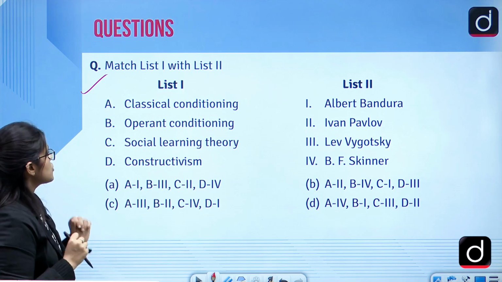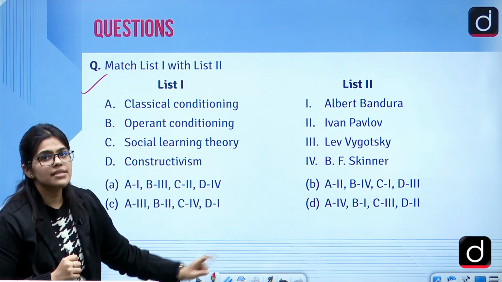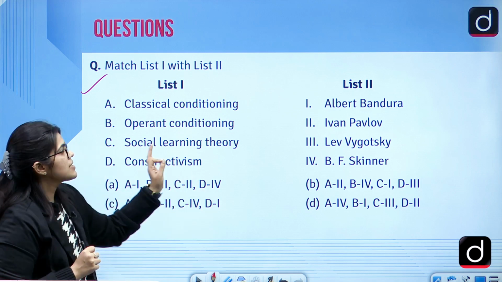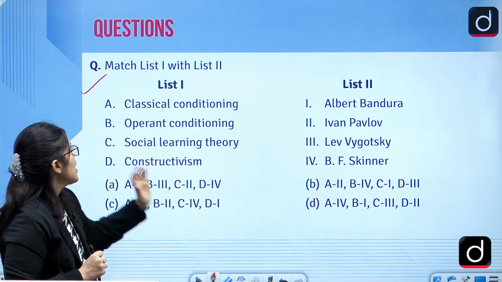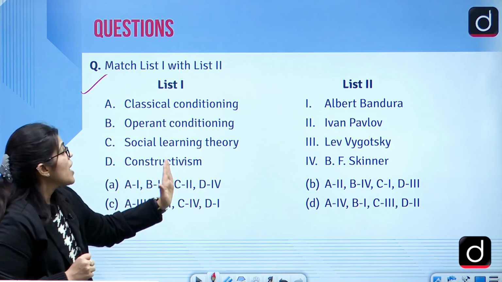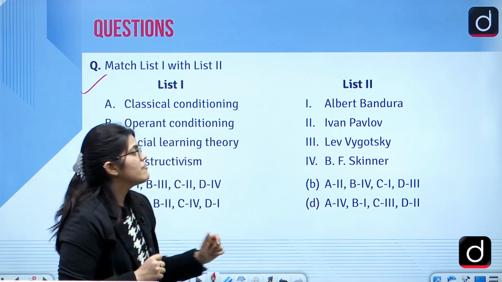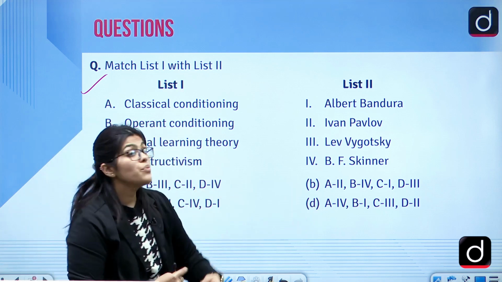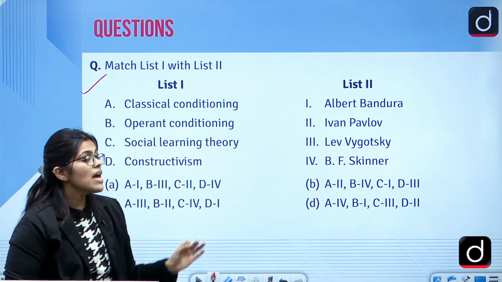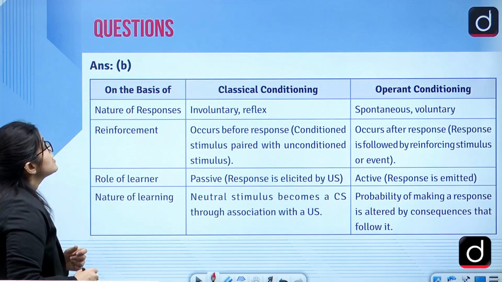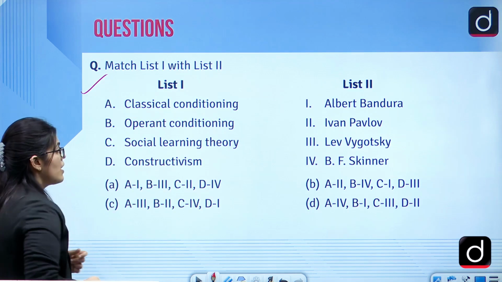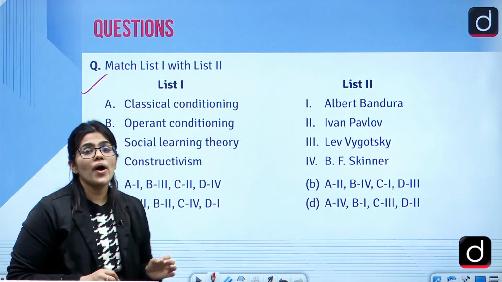So I'll read the question again. There is list 1, there is list 2. First is classical conditioning, then operant conditioning, social learning theory, and then constructivism. In list 2, we have Albert Bandura, Ivan Pavlov, Lev Vygotsky and B.F. Skinner. So I'll show you the answer again. The answer is B. That means A would be joined with 2.